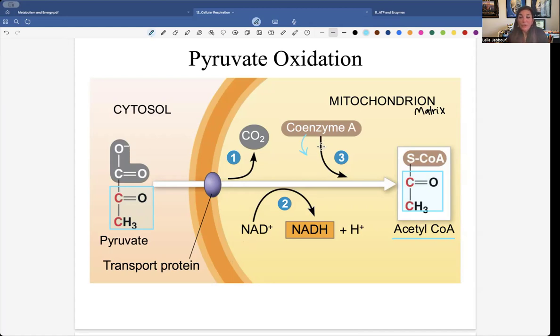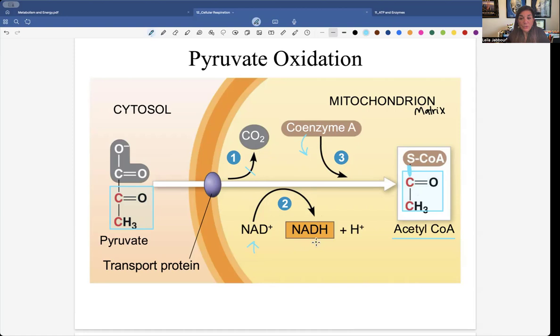because you're going to break bonds here. You're breaking a bond to release CO2, and you're going to create a bond between CoA and this very small molecule. As you're breaking these bonds, you're going to capture the electrons from these bonds into NAD+.